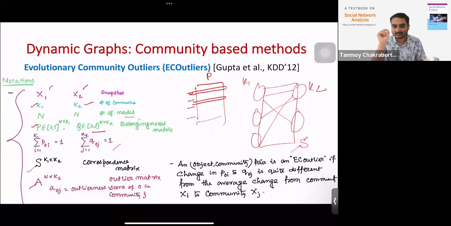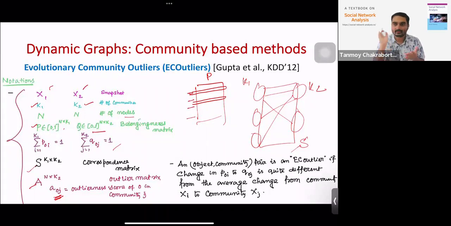And every entry A_OJ indicates the outlierness score of an object O, or of a node O, with respect to community J. There are K2 communities and n nodes, and each entry indicates the outlierness score of the node in that community. Higher the score, higher the outlierness behavior of that node.